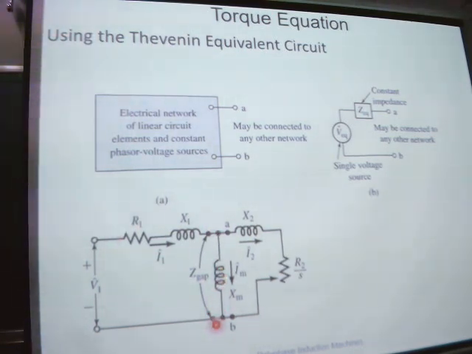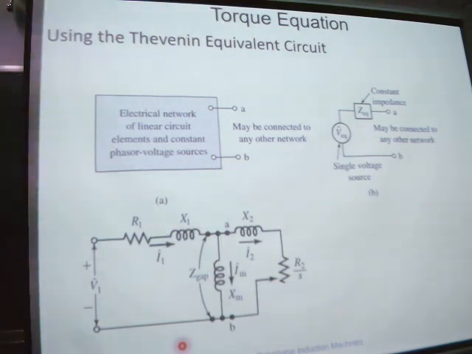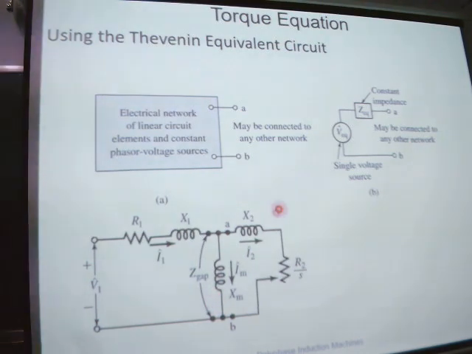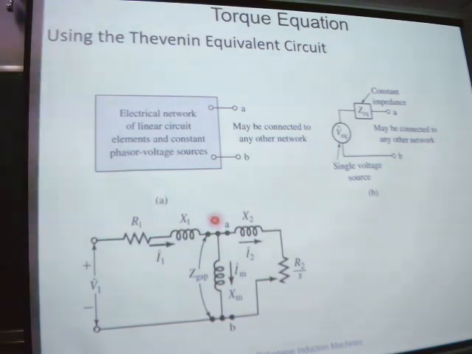The whole circuit can be seen as a single voltage source VEQ in series with impedance ZEQ. So this complicated circuit turns into this simplified circuit.